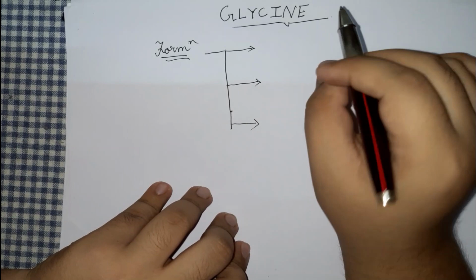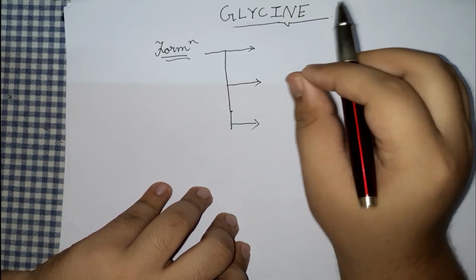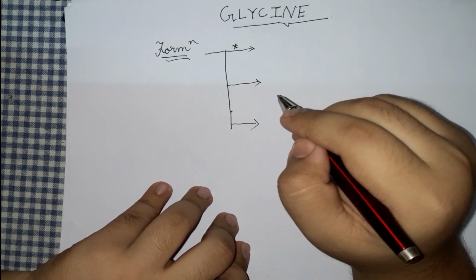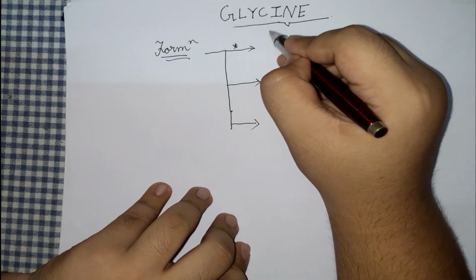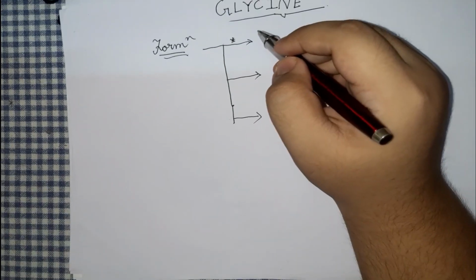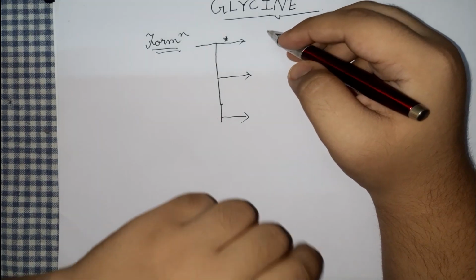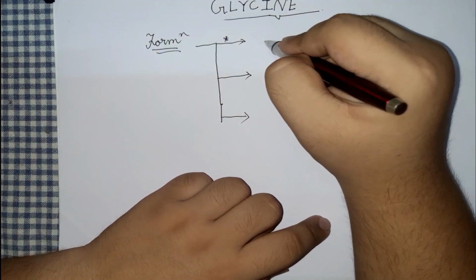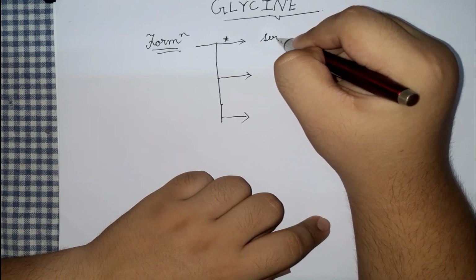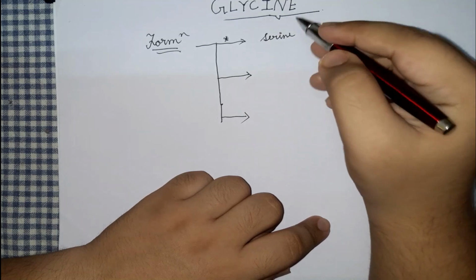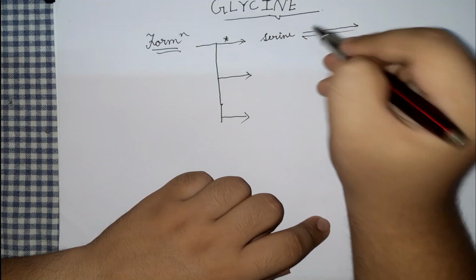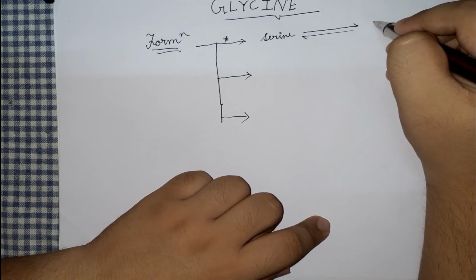The first one which I want you to remember, it's very important, is glycine's formation from the amino acid serine. All right. So what is the reaction? All right, here it is. You see, serine can form glycine, and this is a reversible reaction.